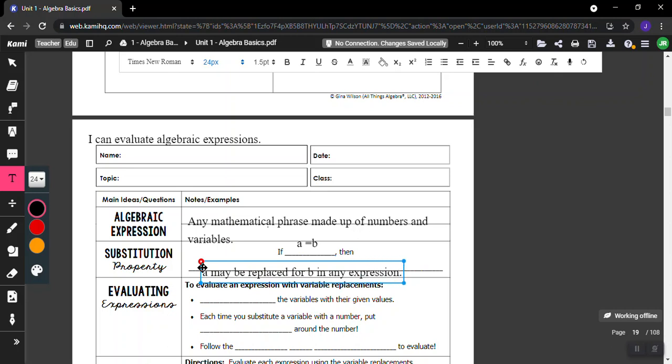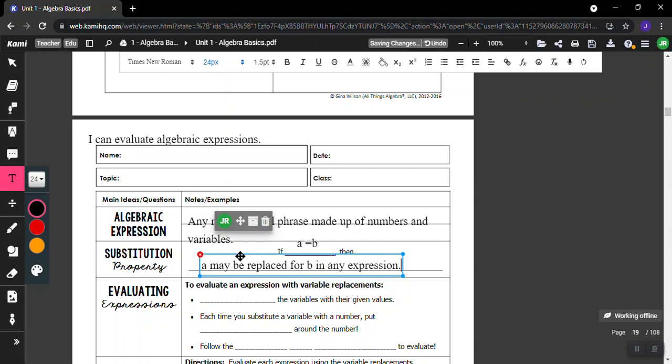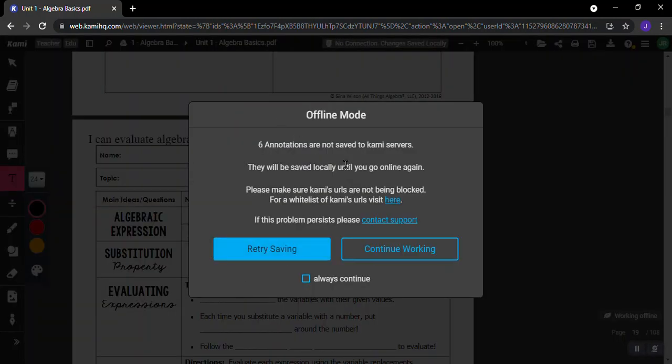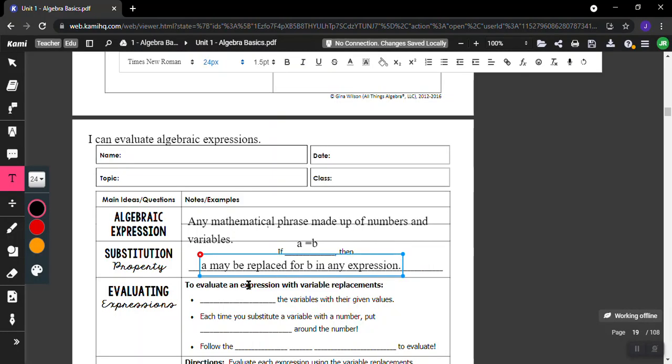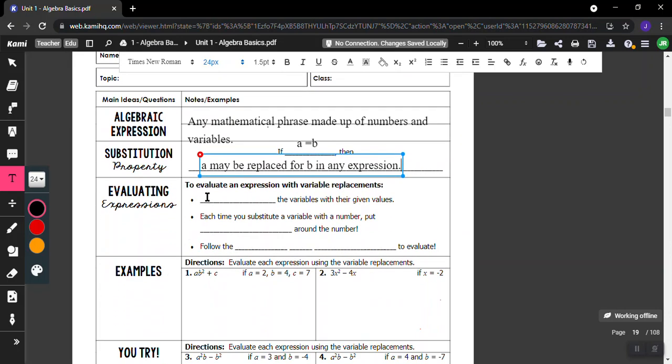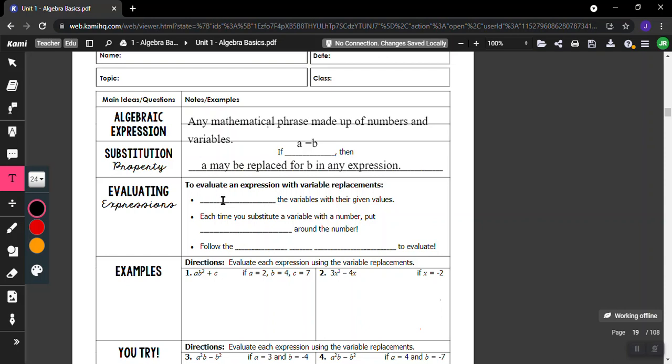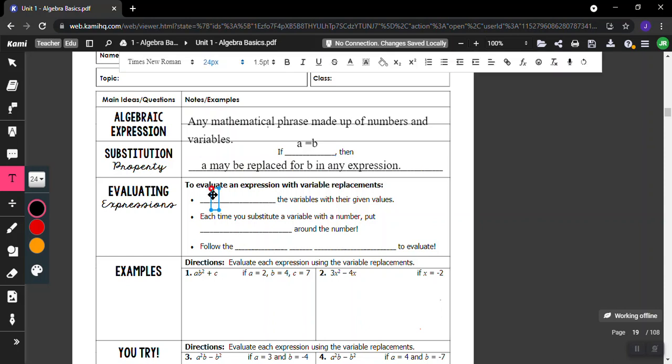So, if you're working with an expression that has variables and you have a value for that variable, you can then substitute the value of a variable into the expression. To evaluate an expression with variable replacements, you must substitute the variables with their given values.